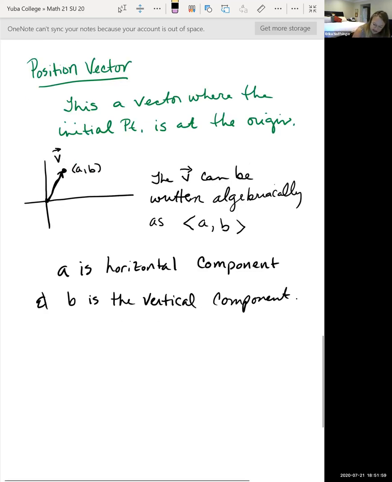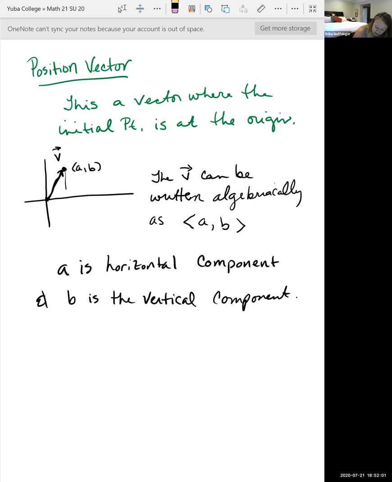You'll see here that the magnitude of v is equal to, again, Pythagorean theorem, the square root of a squared plus b squared. And this theta has to be between 0 and pi. Theta is tan inverse of y over x, or in this case, b over a.